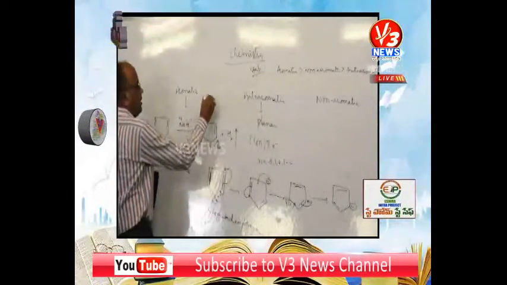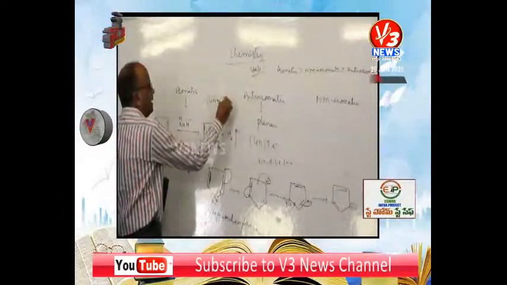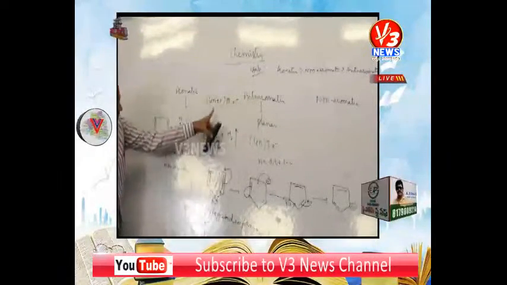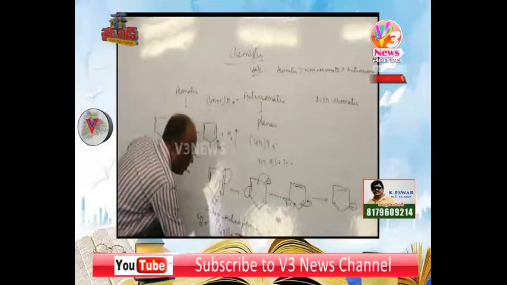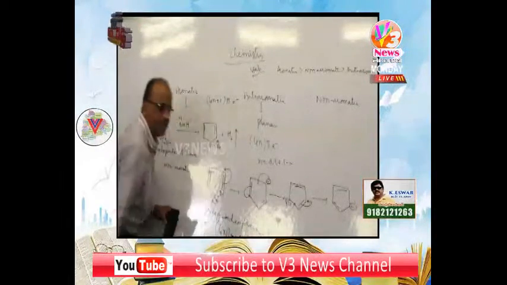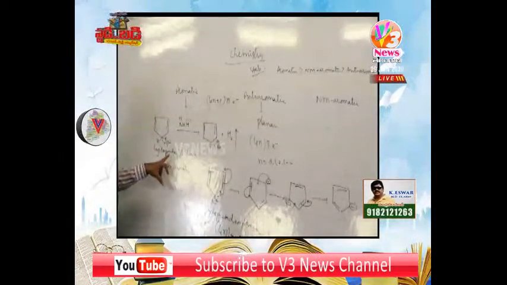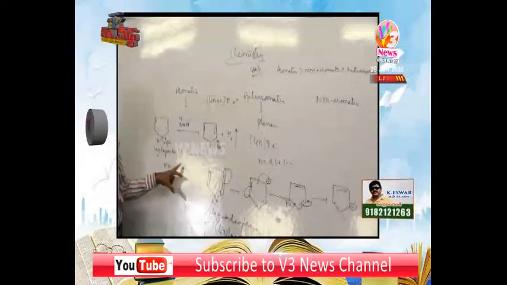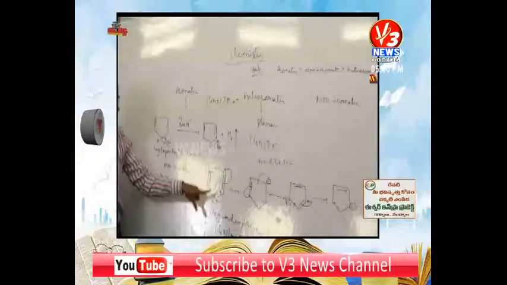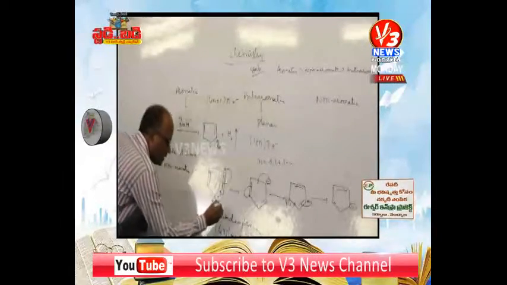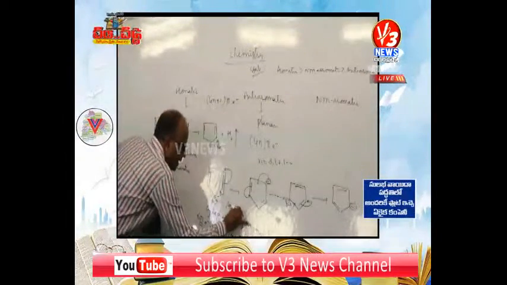Now in Huckel's rule, what is Huckel's rule? 4n plus 2 pi electron system. I take n value as 1. Then how many pi electrons? 6 pi electrons. So this cyclopentadiene, by loss of H plus, is converted into what compound? Aromatic compound.